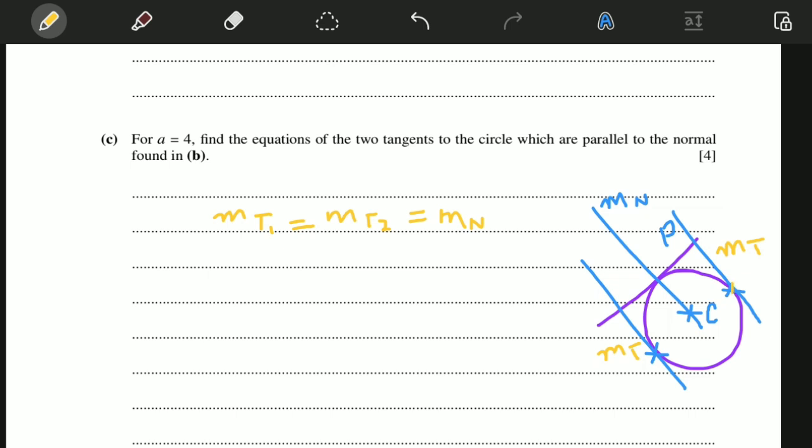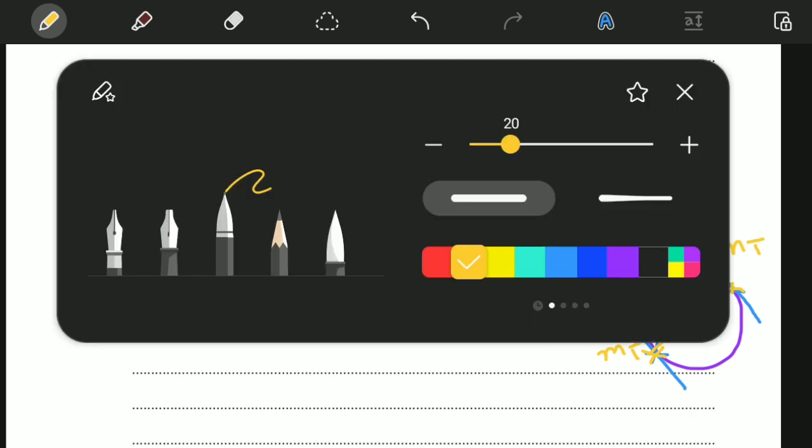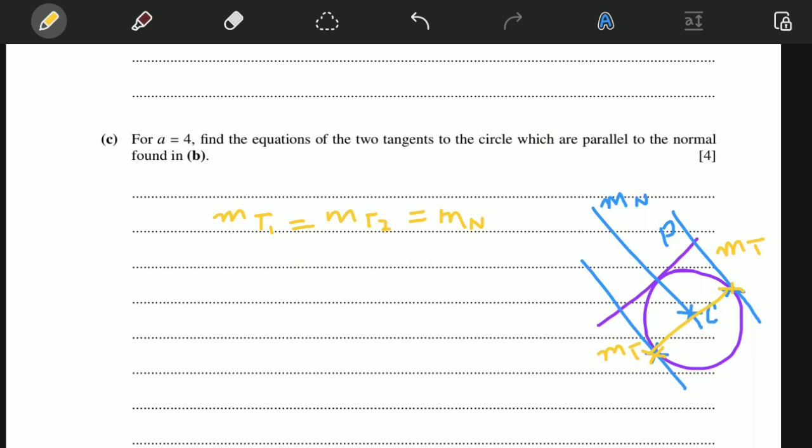So we need this point and this point. To find these two points, we can find an equation of the diameter, and if we equate it with the equation of the circle, we'll get the points of intersection. So in this way we'll be getting the points.